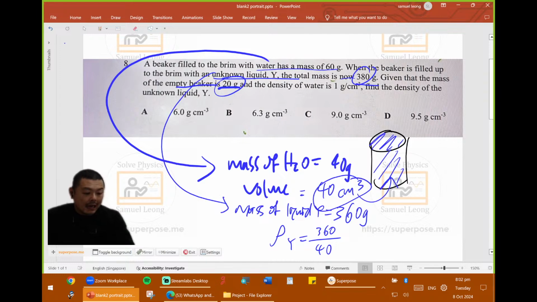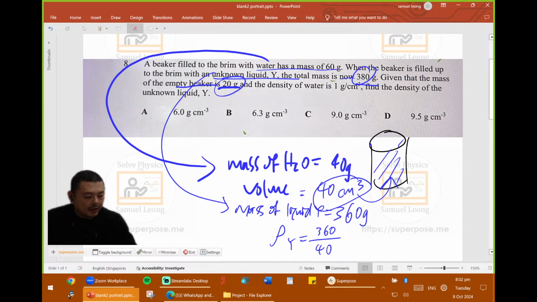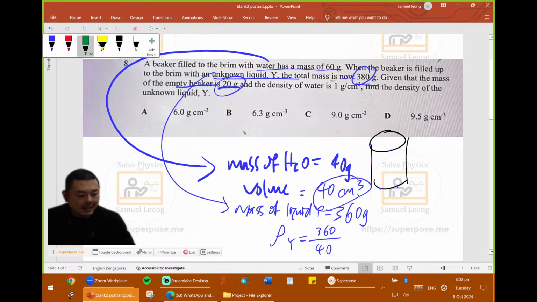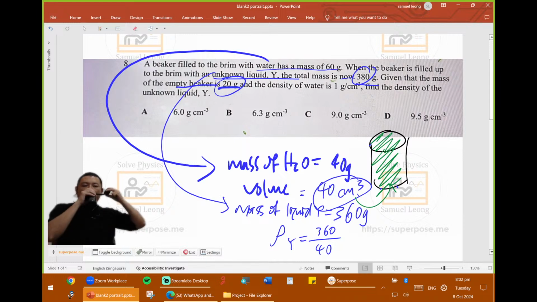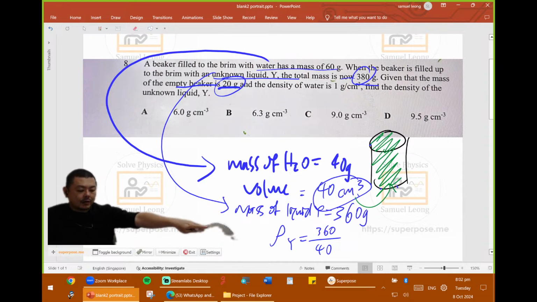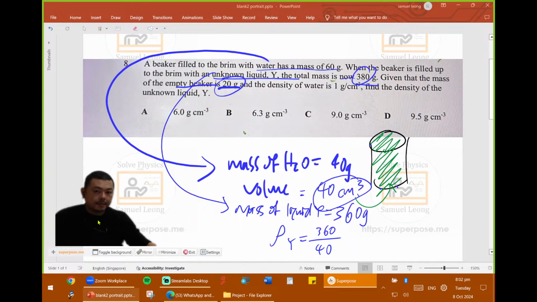But the volume is fixed. So if you pour out the water and fill it with liquid Y, it's still going to be 40 cm cube. That doesn't change. And then the mass of liquid Y is 360, divided by 40. You get that now?